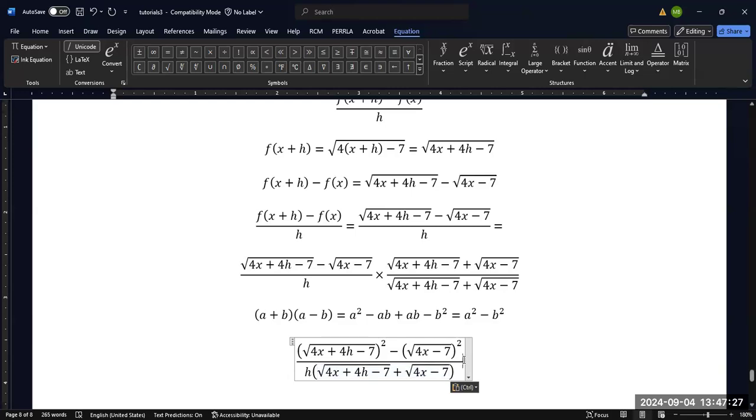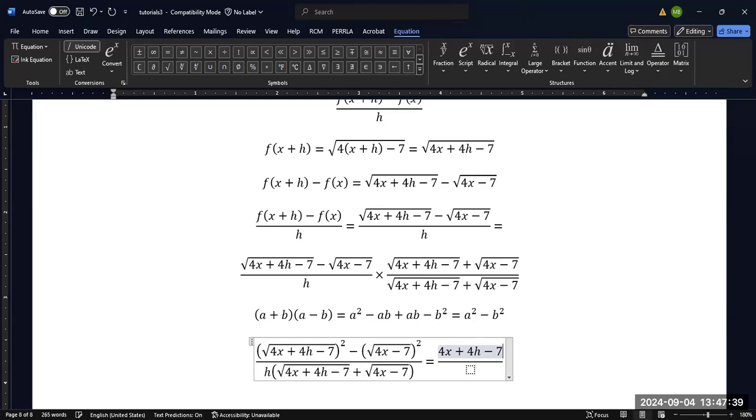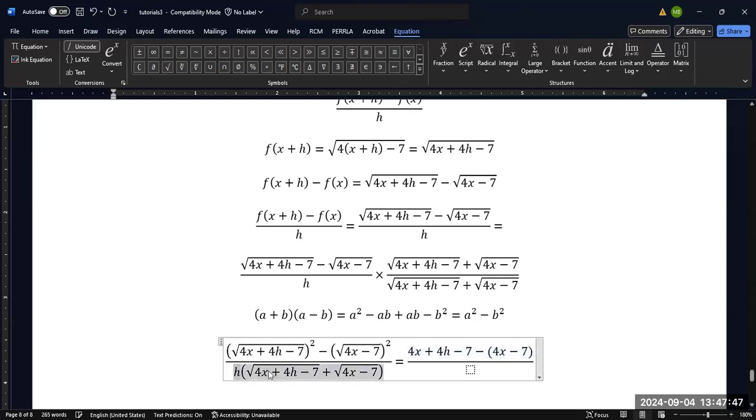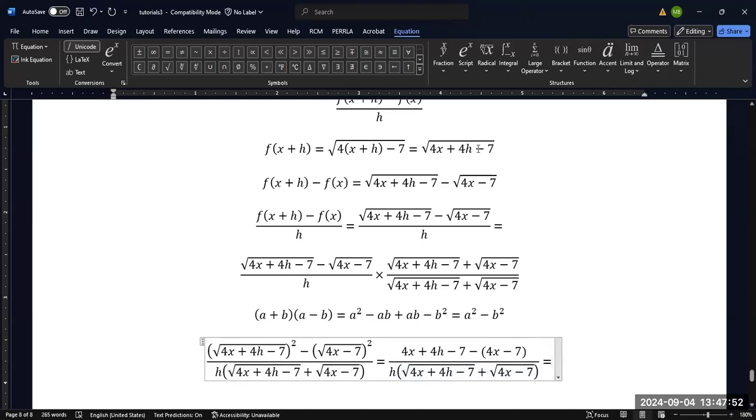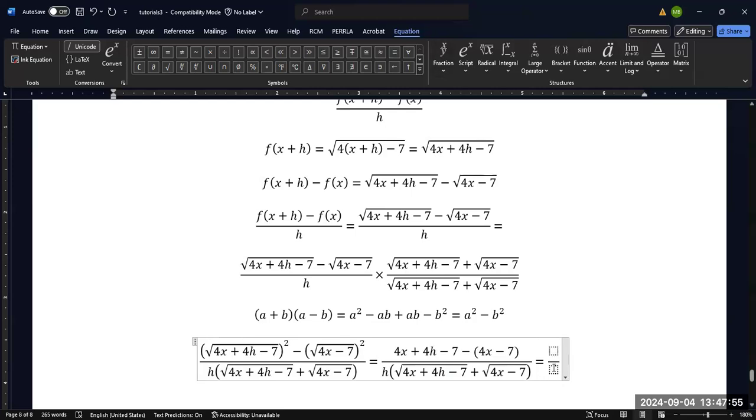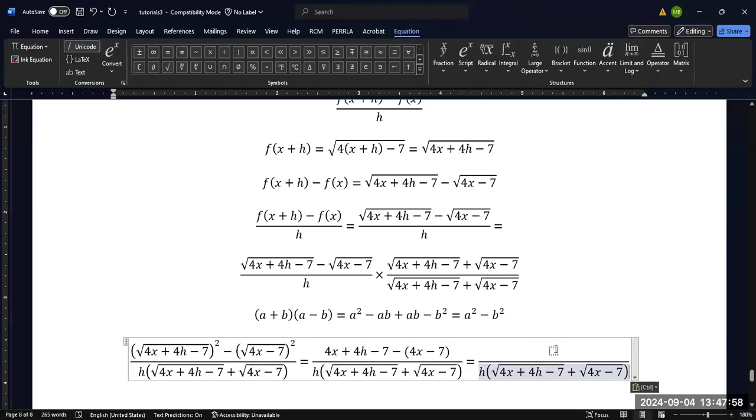Now, when we square a square root, what happens is we end up with just the thing under the square root. So this becomes 4x plus 4h minus 7 minus, in parentheses, 4x minus 7. Denominator did not change. And if I distribute that minus sign, I'm going to get 4x plus 4h minus 7 minus 4x plus 7.